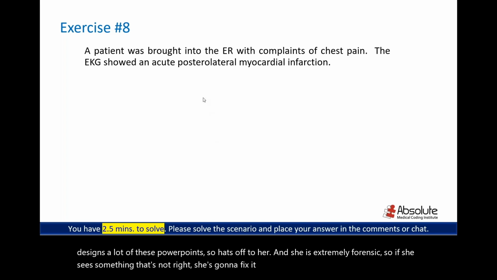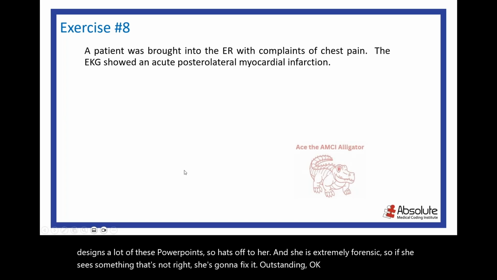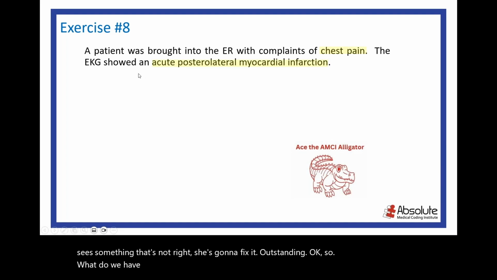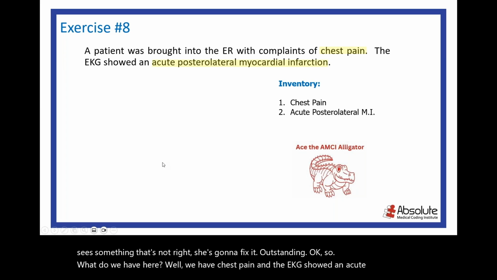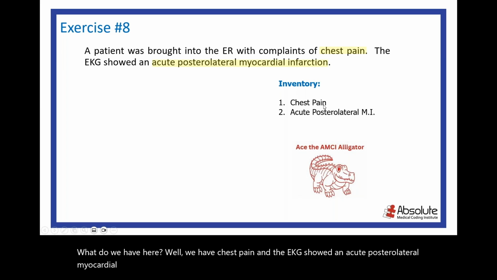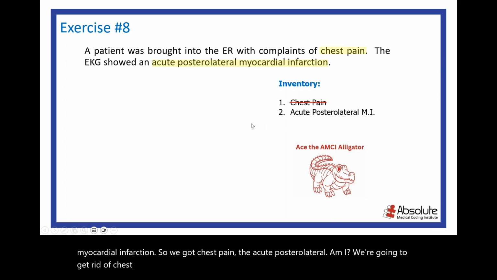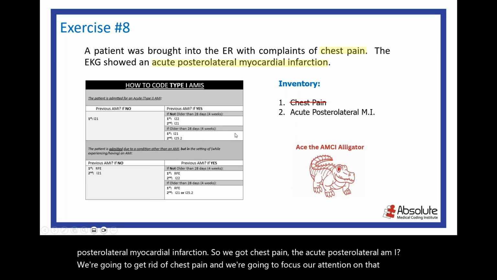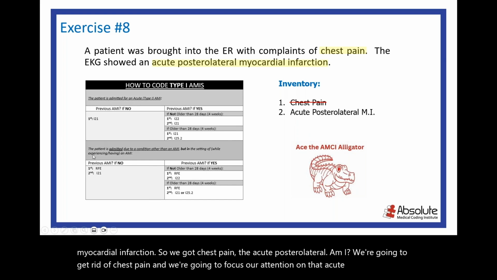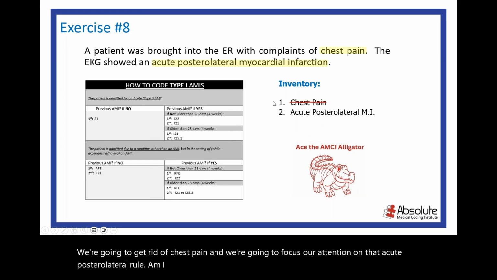Outstanding. Okay, so what do we have here? Chest pain, and the EKG showed an acute posterolateral myocardial infarction. We're going to get rid of chest pain and focus our attention on that acute posterolateral MI. So this is a type 1 AMI.